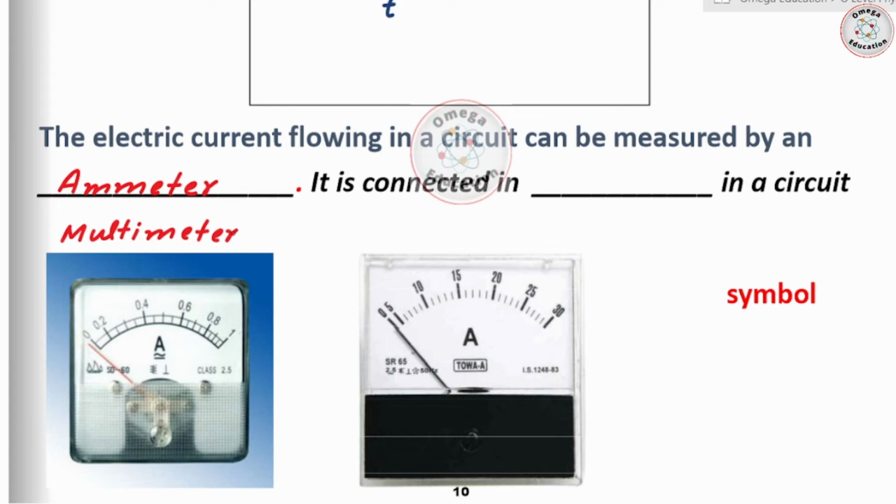It just tells you if the current is there or not, just like a tester. It can tell you the direction of current. If you want to actually measure how much current is there, you use an ammeter or multimeter. And the other thing, which we'll be studying in detail in DC circuits, is that it is connected in series in a circuit.